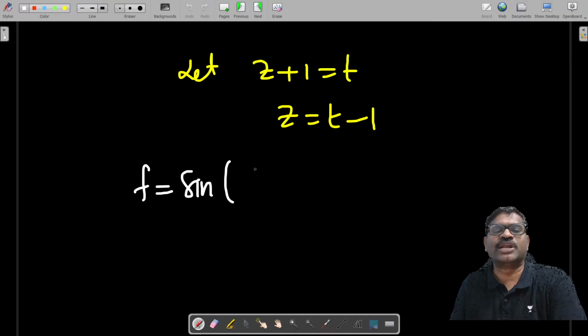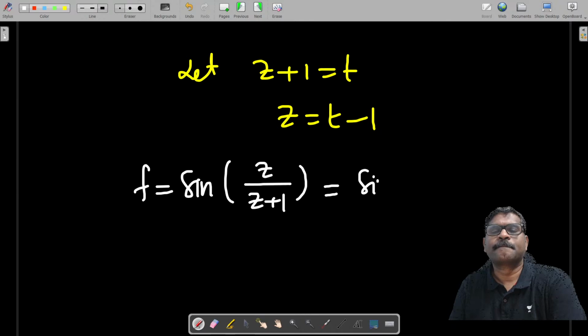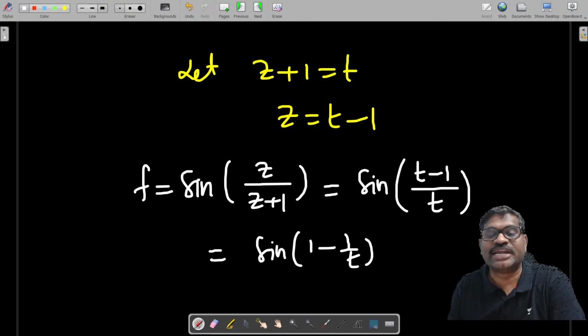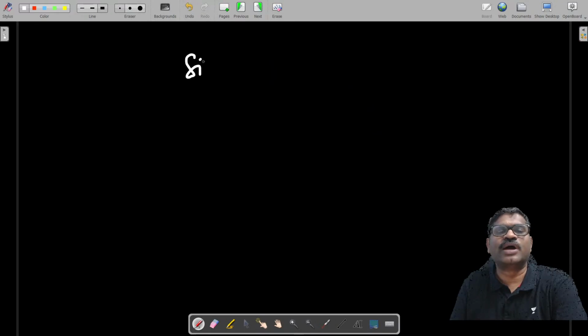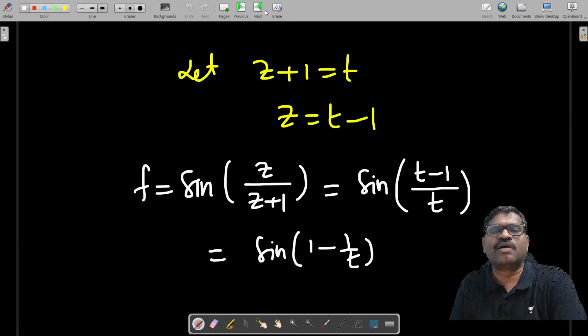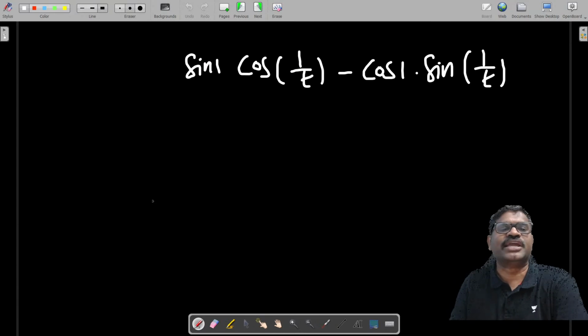Sin z by z plus 1 becomes sin of t minus 1 by t, which is sin t cos 1 by t minus cos t sin 1 by t.